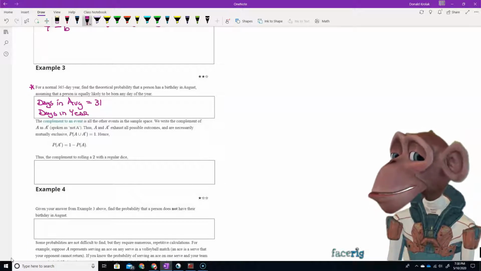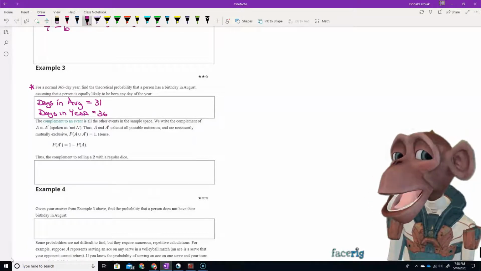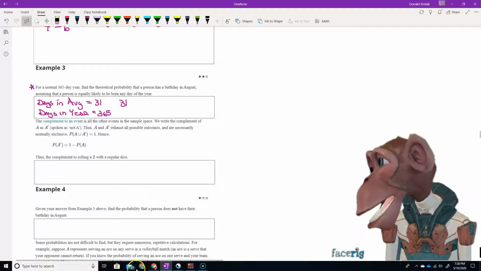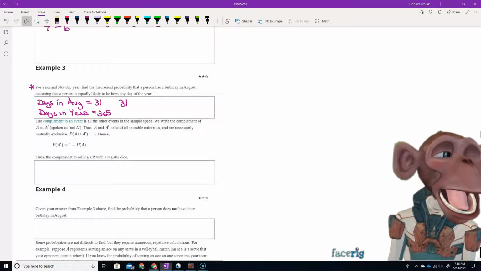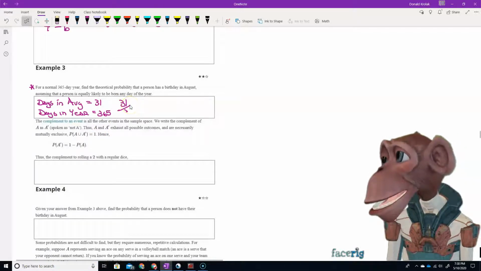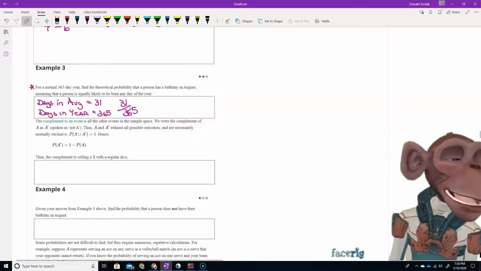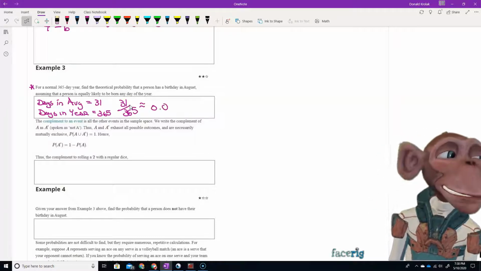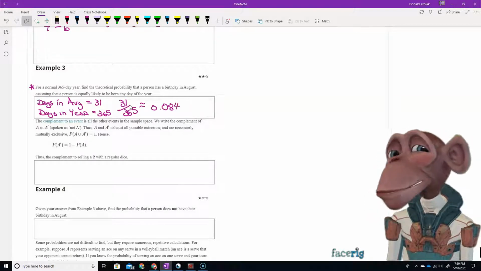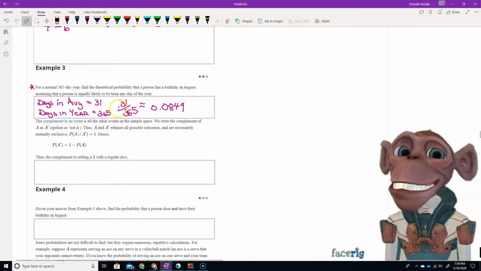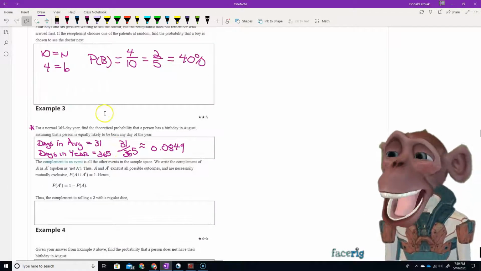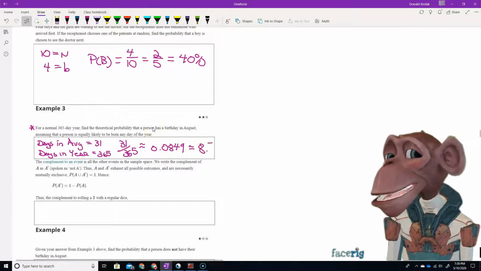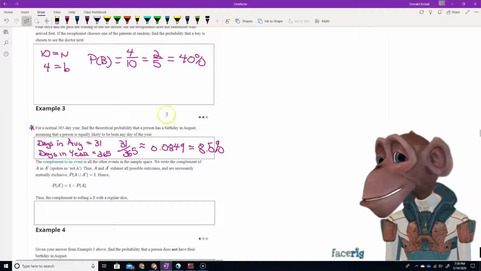So our ratio is simply 31 over 365. And if you divided that out, you would get 0.0849. So roughly an 8.5% chance that a birthday is in August.